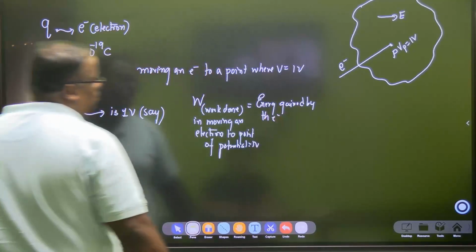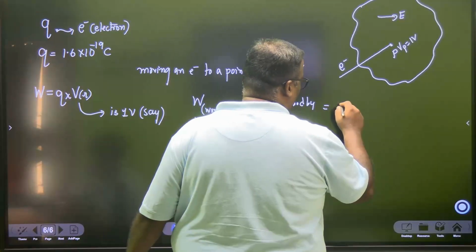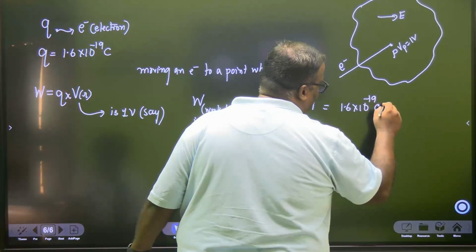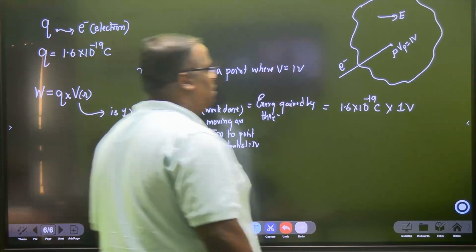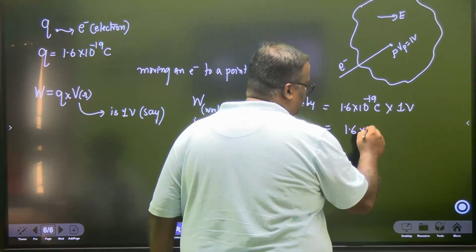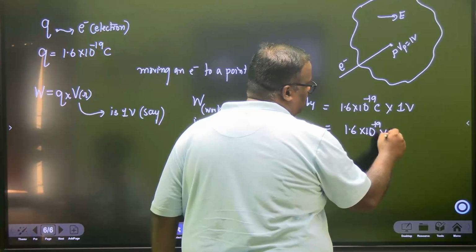Work done is the energy gained by the electron, and this will be given as Q, which is 1.6 into 10 to the power minus 19 coulombs, multiplied by 1 volt. So this value is 1.6 into 10 to the power minus 19 volts into coulomb.